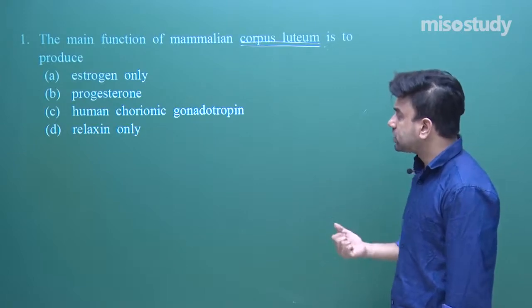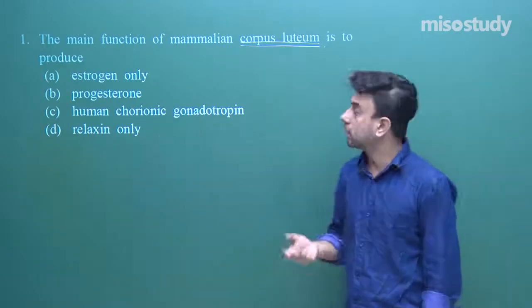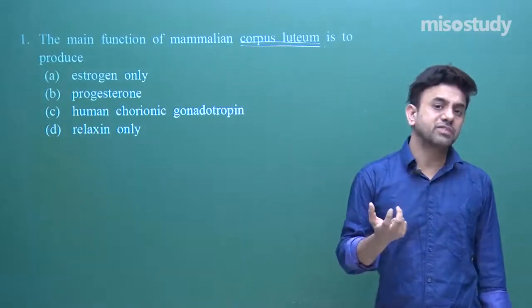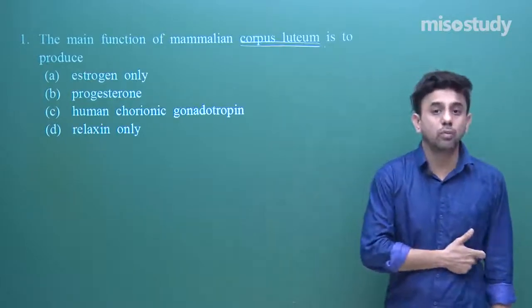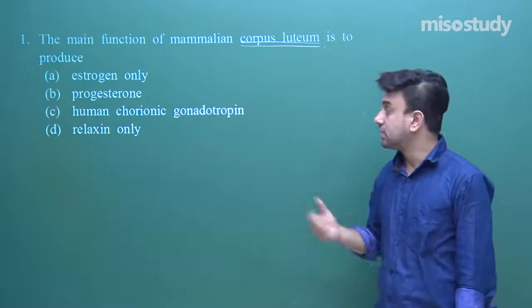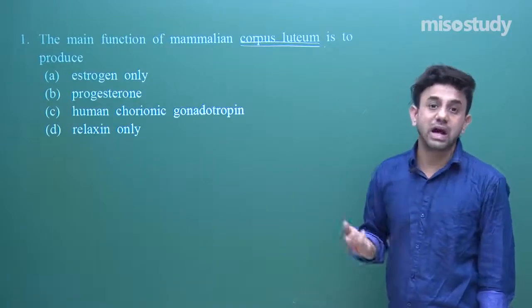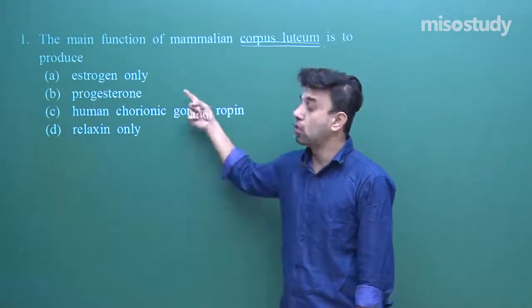Now, in this one, see the first answer, we know the corpus luteum. What happens when the ovarian follicle becomes mature? It is acted upon by the luteinizing hormone, and this ovarian follicle releases both estrogen and progesterone, more in quantities, and estrogen as well. But what it is saying is estrogen only.